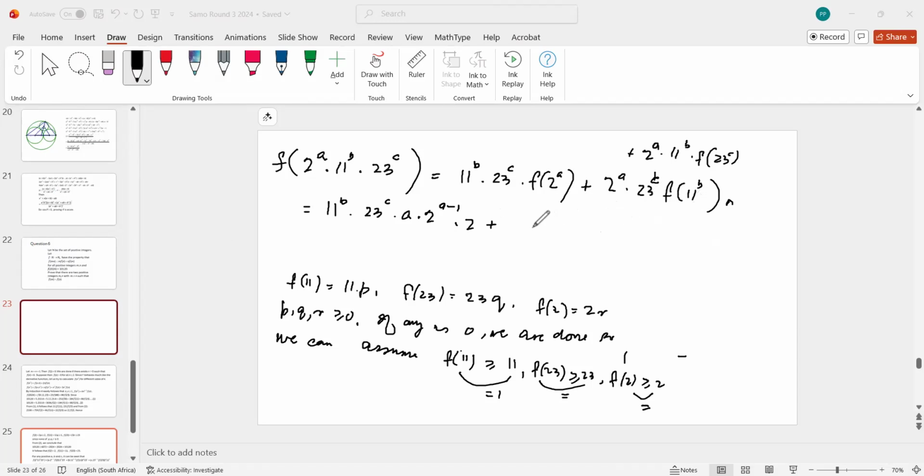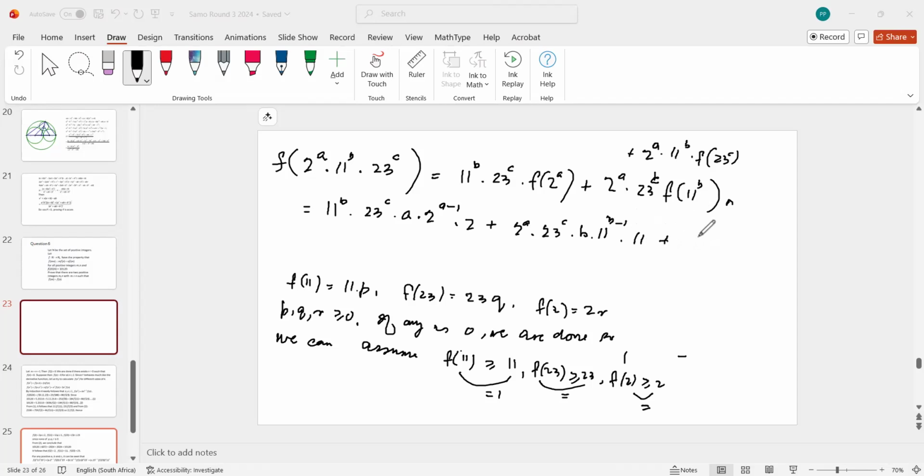So the second term is this. This is 2 to the a times 23 to the power of c. And here you have b times 11 to the b minus 1 times f of 11, which is 11.